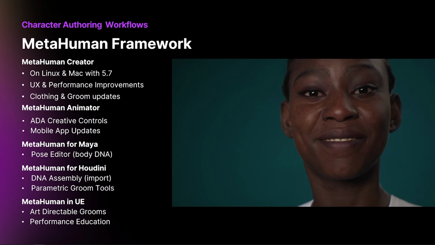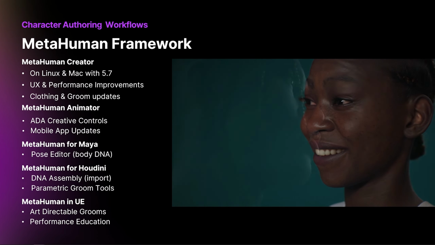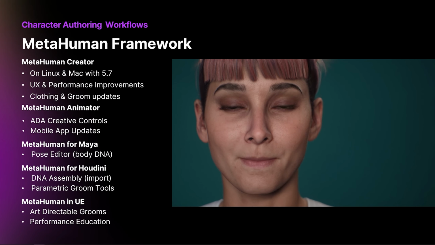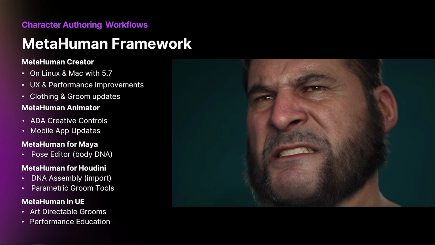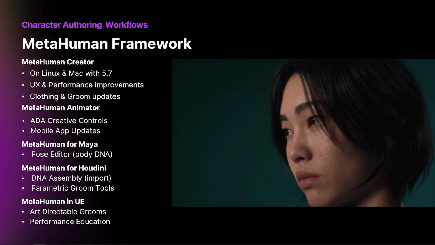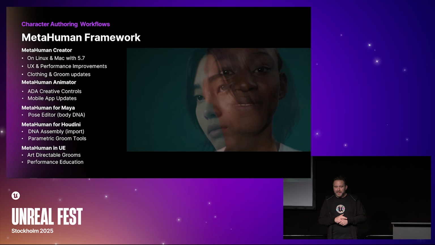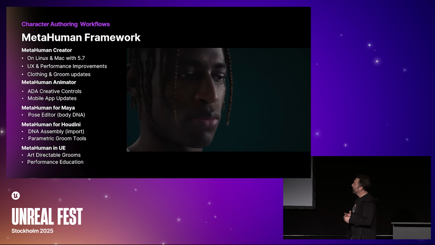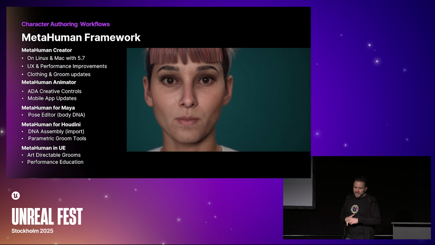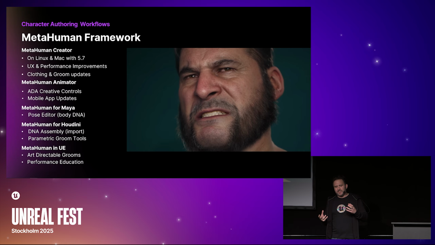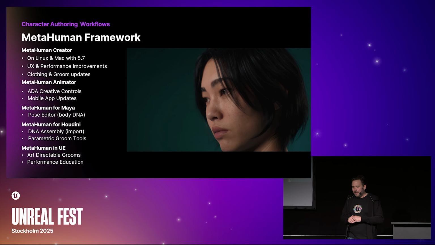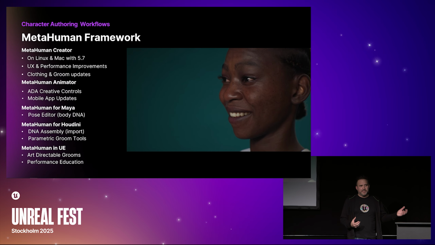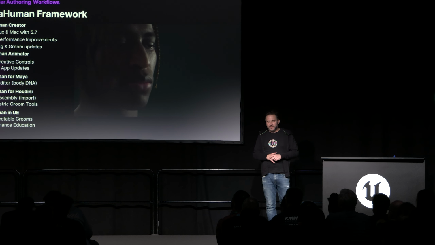And then certainly Metahuman. The biggest thing recently is that Metahuman is now part of UE itself. So you don't have to run it in the cloud anymore. You can run it inside the editor itself. That's great. With 5.7 it now also runs on Mac and Linux, which is useful for people that care about that. A lot of updates. With Metahuman we now see it as a full character production pipeline. You can make super high fidelity faces, but you can also make body shapes, clothing, and grooms using Creator.